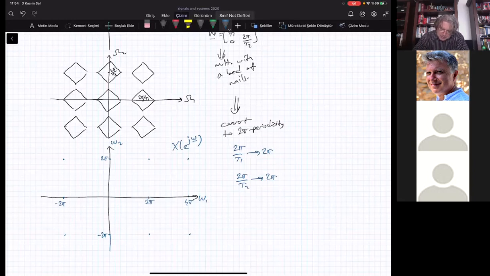Most probably the diamonds will be narrower horizontally when you make this kind of a sampling. Sorry for my bad drawing. Something like this.